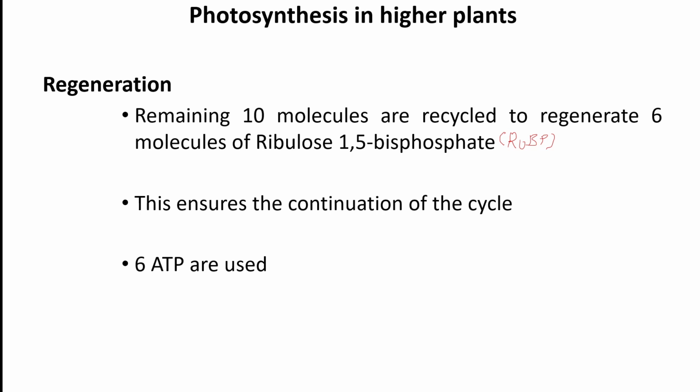If no RuBP is produced, the Calvin cycle will stop, and there will be no production of sugar molecules. Another point to remember is that 6 ATP are used for the synthesis of 6 molecules of RuBP.